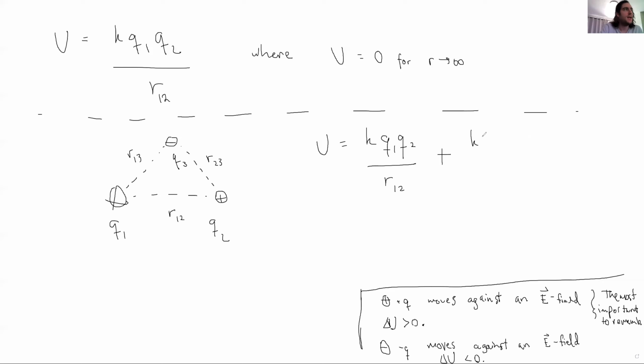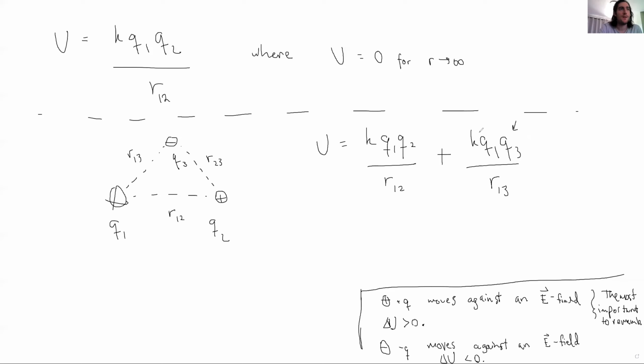So there's a K, Q1, Q3 over R13. And this Q3 here, you plug this in as a negative if it's negative. Okay? So if it's a negative charge, you plug in a negative. If it's a positive charge, you plug in a positive.